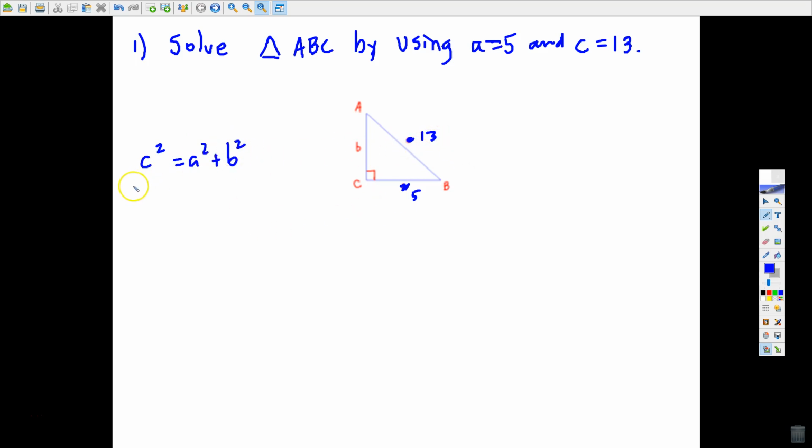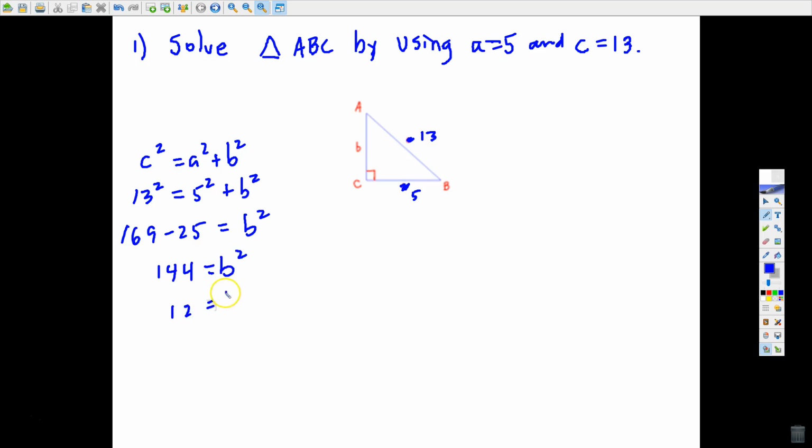So c squared, the hypotenuse, is 13, and side A is 5. And we're trying to find b, so this is going to be 169 minus 25, subtracting 25 from both sides, equals b squared. 144 is b squared, so b, side B, is 12.